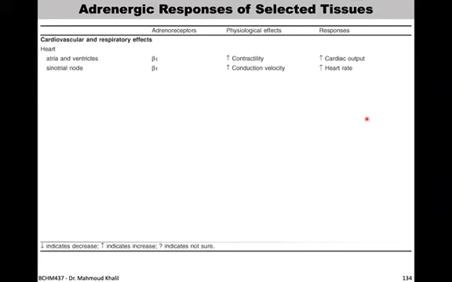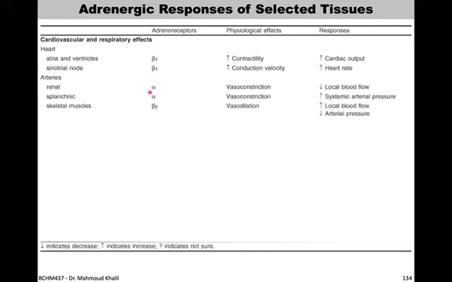So for cardiovascular and respiratory effect, like heart, atria, and ventricles and sinoatrial node, you can see that the receptor involved is the beta-1 receptor, and the physiological effect leads to the increase in the contractility and increase as well in the conduction velocity. That means the transmission of impulses. So this will lead, of course, to increase in the heart rate and the cardiac output. So the beta-1 receptor is involved in increasing the cardiac output and heart rate.